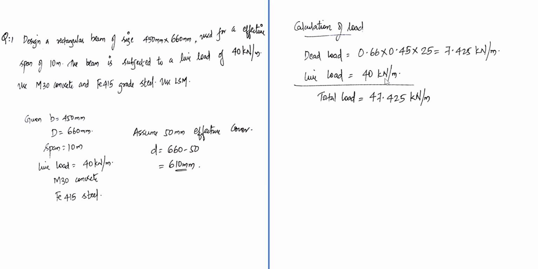The live load is given as 40 kilonewton per meter, which means the total load is 47.425 kilonewton per meter. Now for the design purpose, we need to find the factored load by applying the factor of safety.